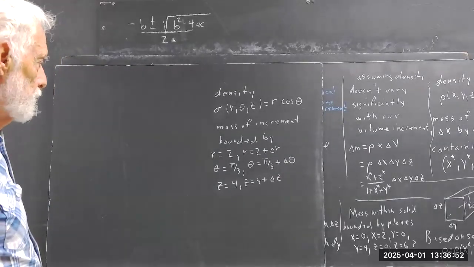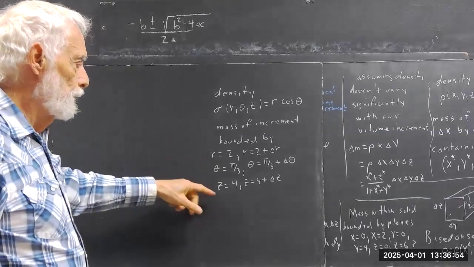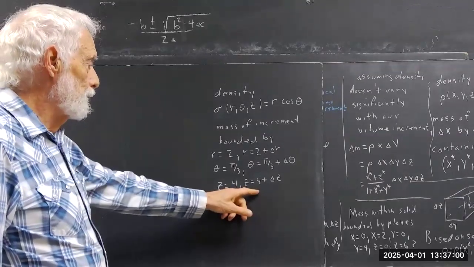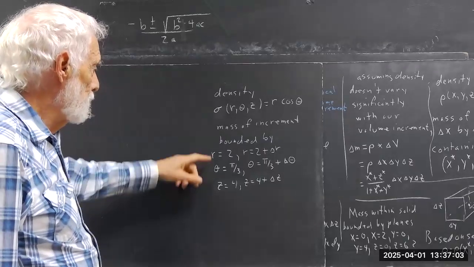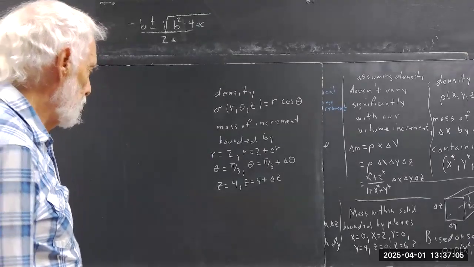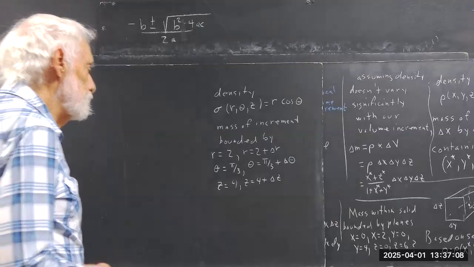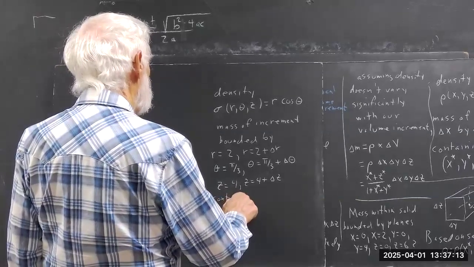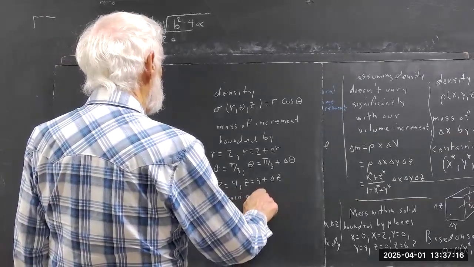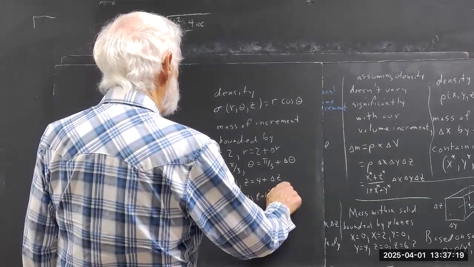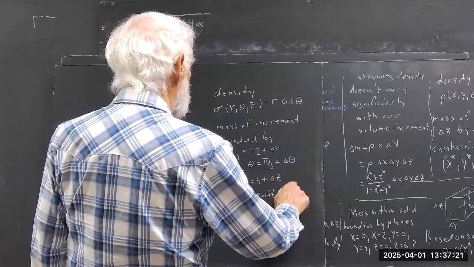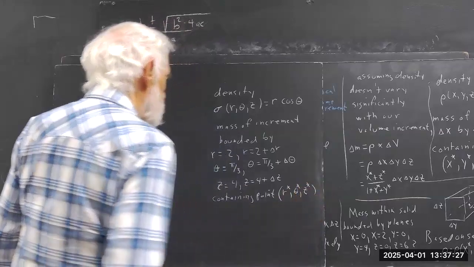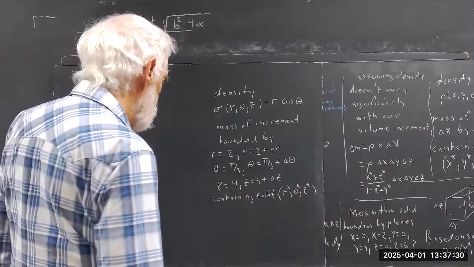Okay. So we're bounded by these three regions. This is two planes, but what are these? Containing point r star, theta star, z star.